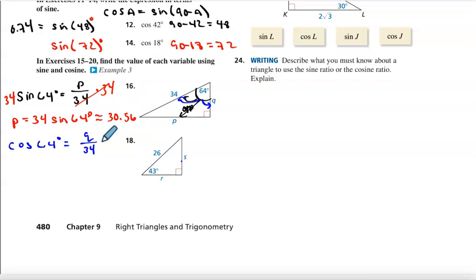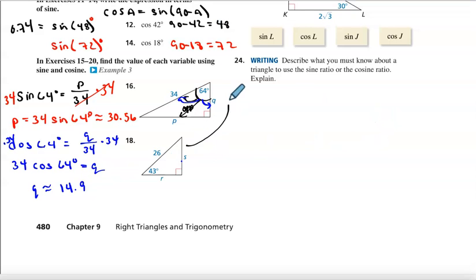Same process, multiply by 34 on both sides, and I get 34 times cosine of 64 degrees is equal to Q. I get that Q is approximately equal to 14.9.